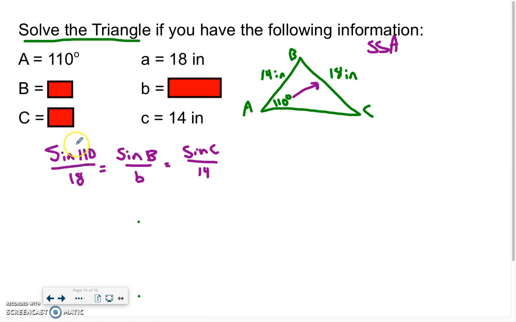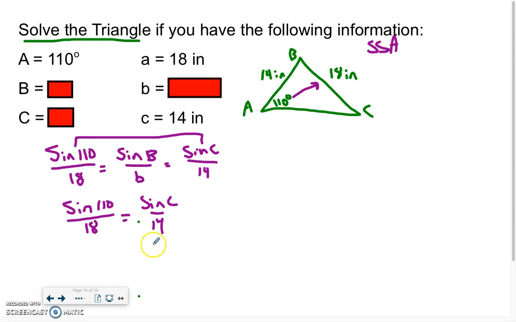Since this is the given information, we're going to match up ratio 1 and ratio 3. So we're going to find sine C first because it's the angle that's across from the given side that's missing. So sine of 110 over 18 is equal to sine of C over 14.